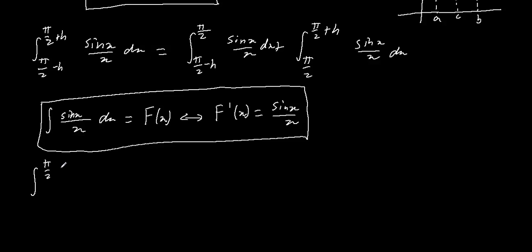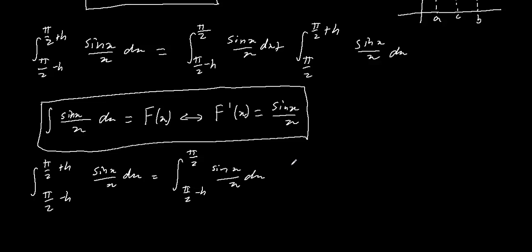The integral from pi on 2 minus h to pi on 2 plus h of sine x on x dx is equal to this guy, and I'll just rewrite that again. Pi on 2 minus h to pi on 2 plus h, the same guy, sine x on x dx. I'll just keep writing pi on 2 plus h, pi on 2 minus h, sine x on x dx.